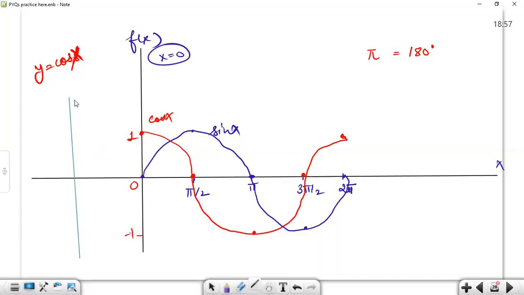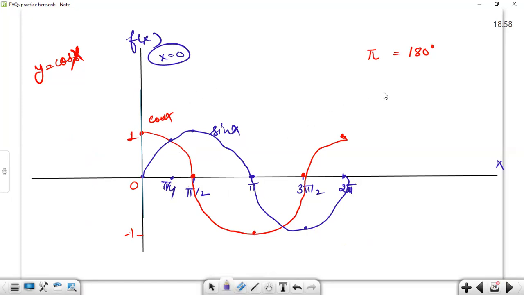And x equals pi by 4 is the point at which these two curves meet.